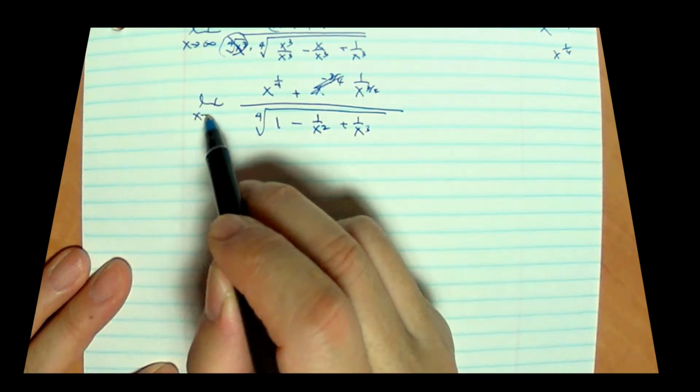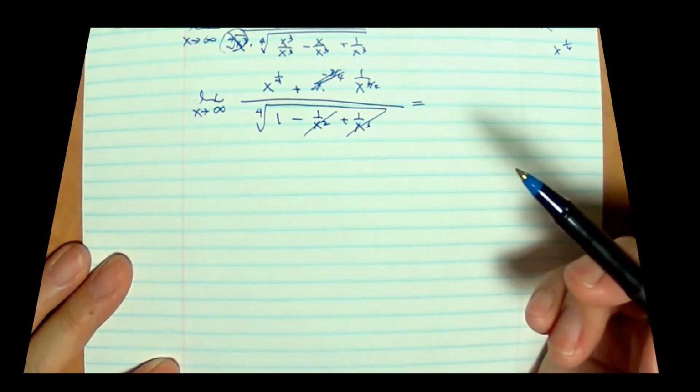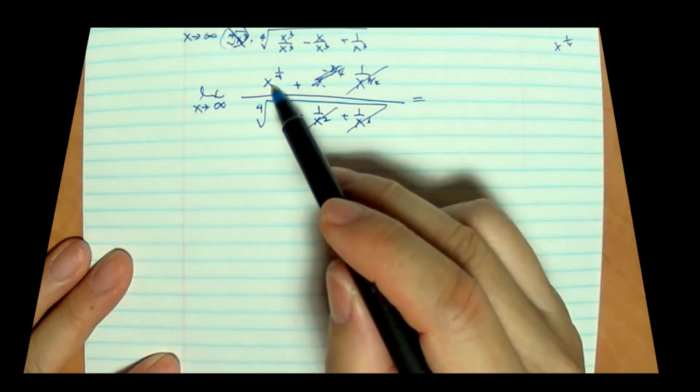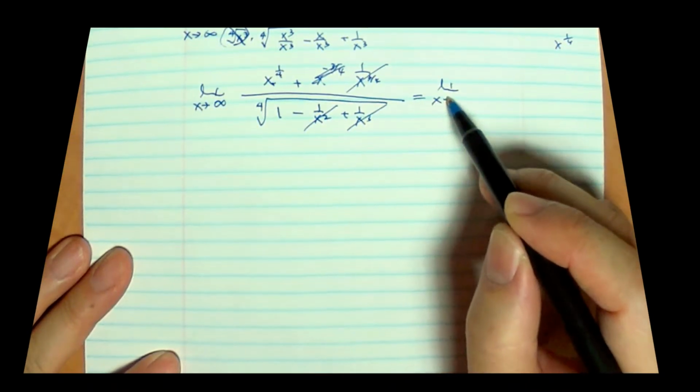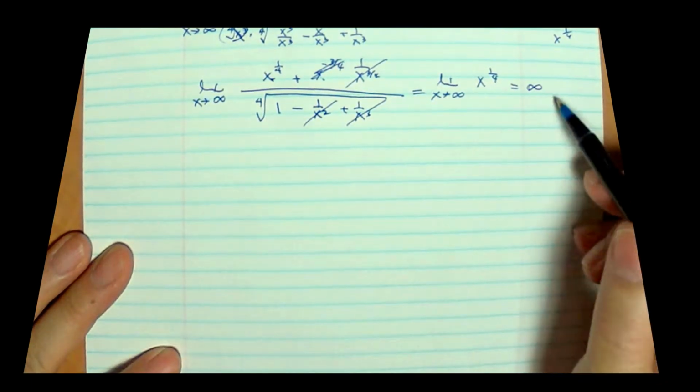Now we're ready to take a limit as x goes to infinity, because when x goes to infinity, 1 over x squared is 0, 1 over x cubed is 0, 1 over x to the 3/4 is also 0. But this one is now infinity. So that is same as the limit as x goes to infinity of x to the 1/4 over 1. But this clearly goes to infinity. So the answer is just infinity.